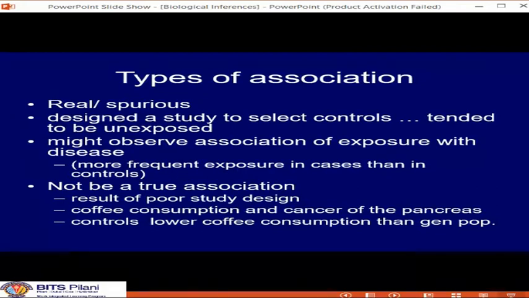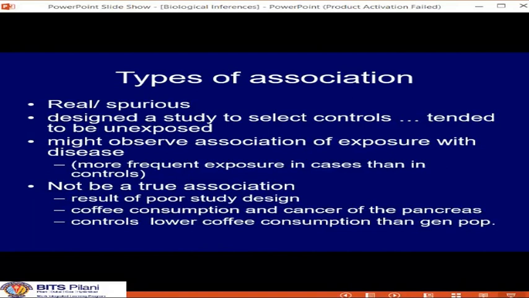So how do you know then that your case control study has been designed properly? Let's take, for example, the story I told you earlier of pancreatic cancer. There was a large study which said that coffee drinking causes pancreatic cancer. So the cases were people with pancreatic cancer, and the controls were those without pancreatic cancer. And they looked at history of coffee consumption.